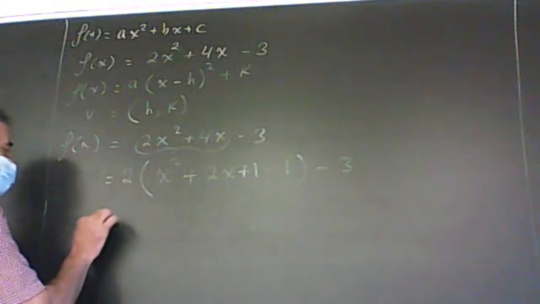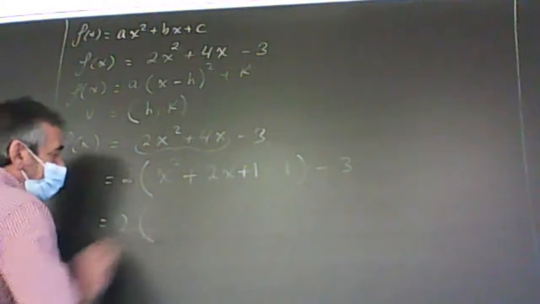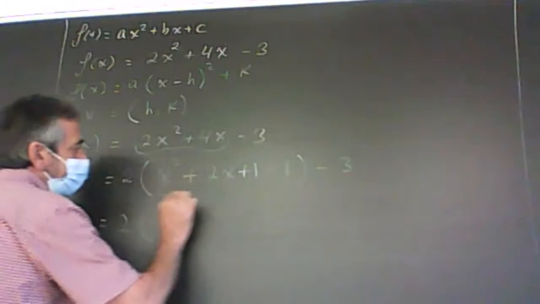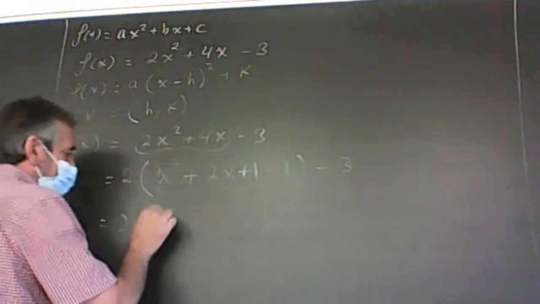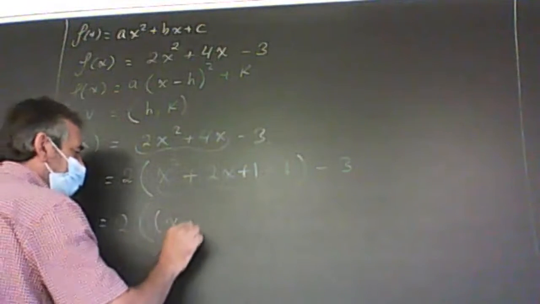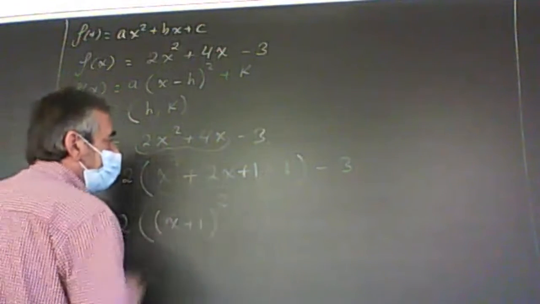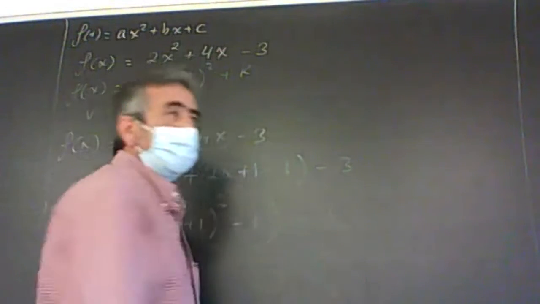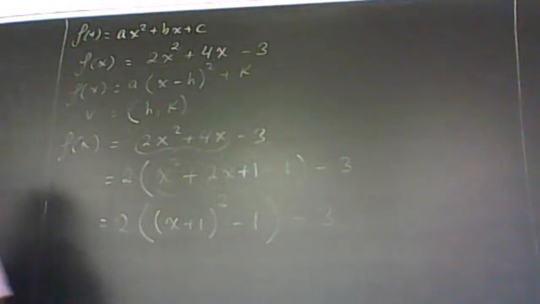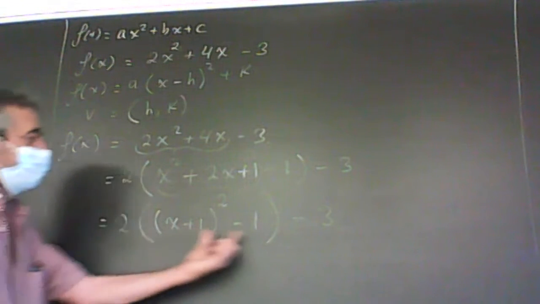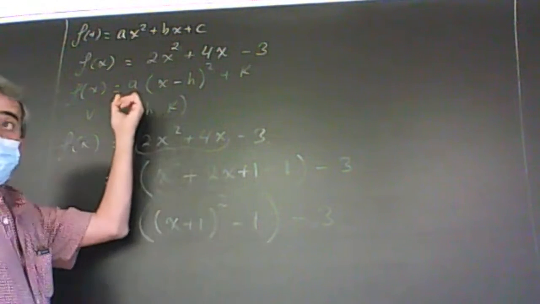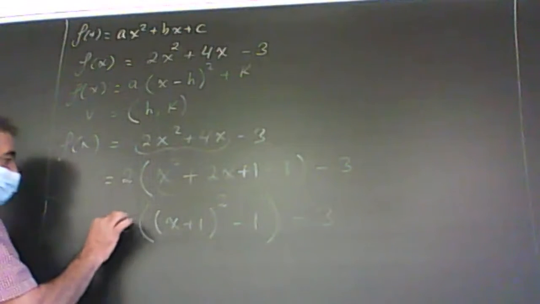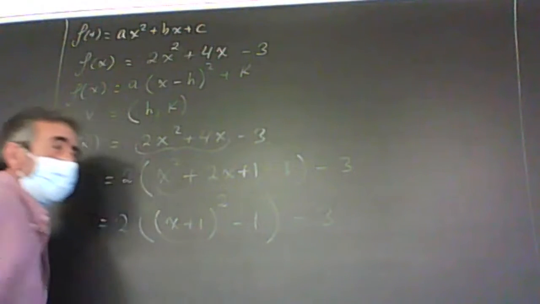So now, this is the same as 2 times, now this is a perfect square. That is (x plus 1) squared minus 1, and we have a minus 3 outside. So now I'm going to distribute this. I want it to look like that. So I'm going to multiply 2 times this.